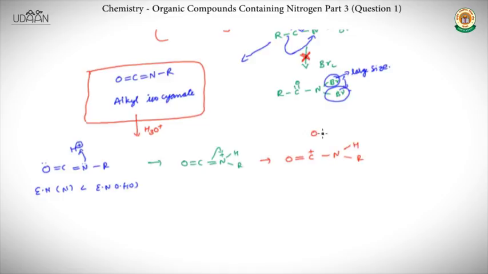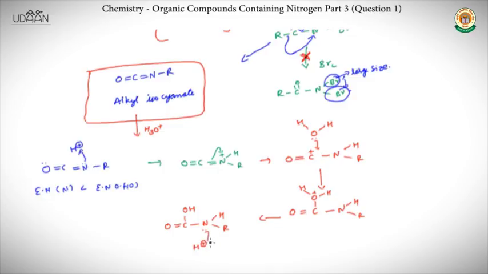Now you have water in the medium, and you have treated this with it. You have got this one, OH2 plus, and NHR. Now this will give you O double bond C OH NHR. Here also the same thing happens.